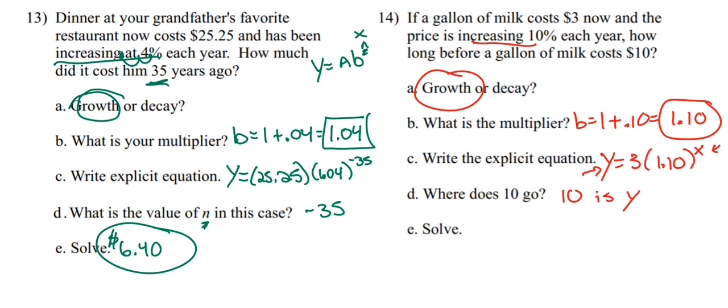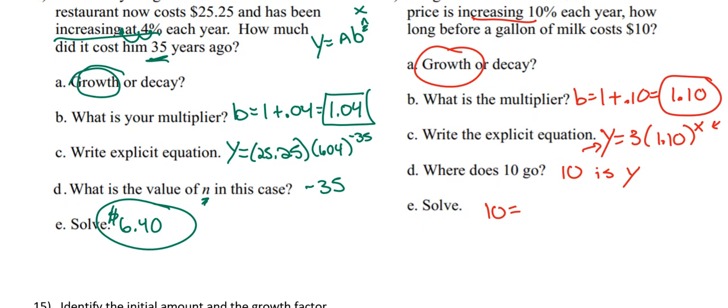All right, so then we'll solve it. So it'll be 10 equals 3, 1.10 to the x. Now, in order to solve this, first thing I would do is divide by 3. You don't have to do it first, but I would. This makes it a little easier in the end.